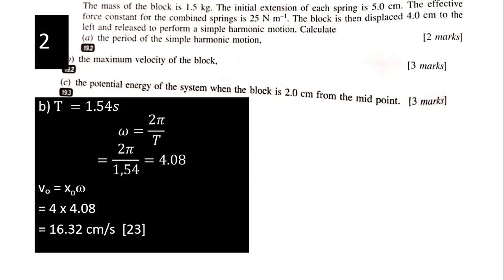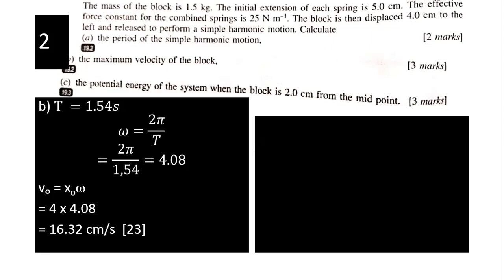The potential energy of the system when the block is 2.0 cm from the midpoint. How to do that? MGH?